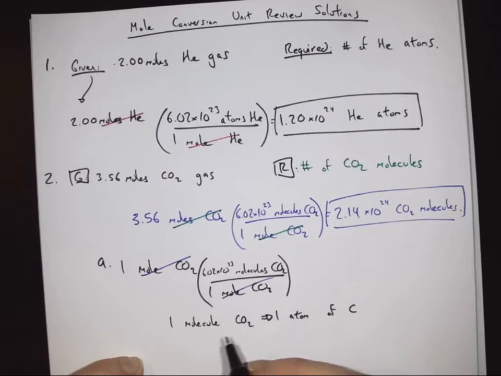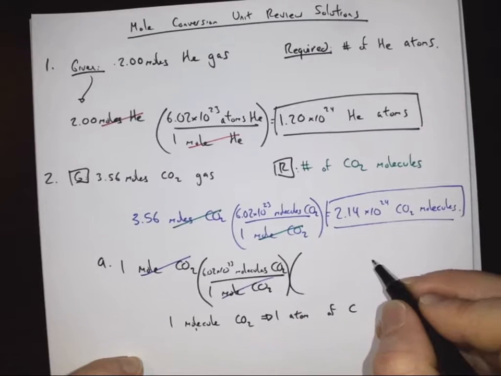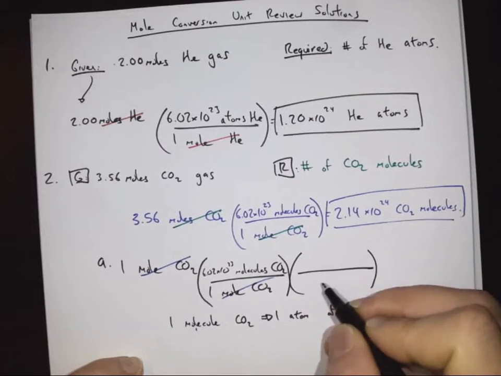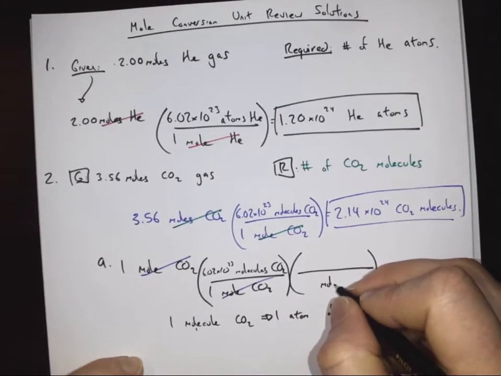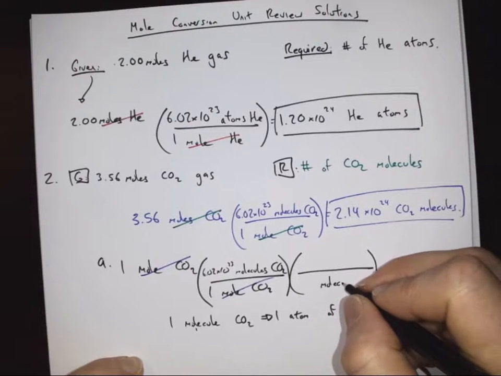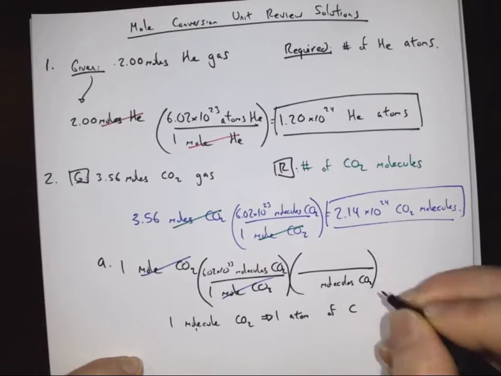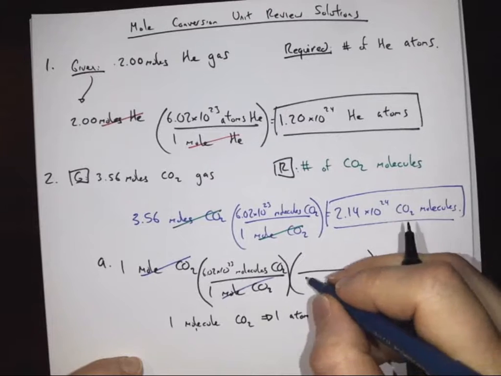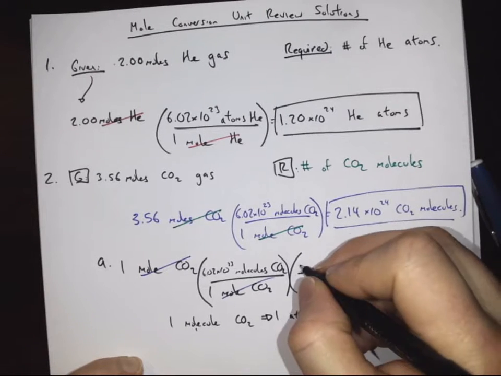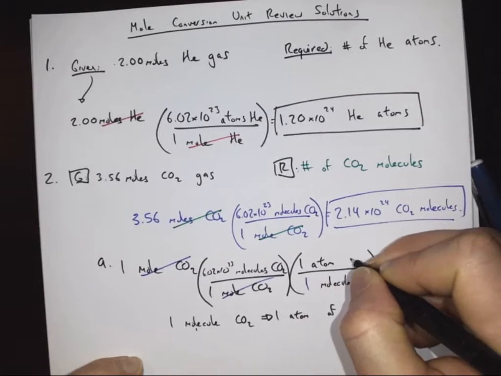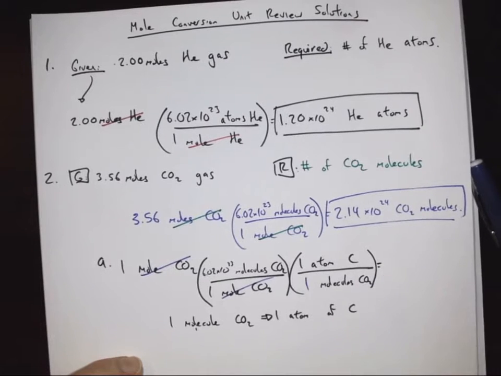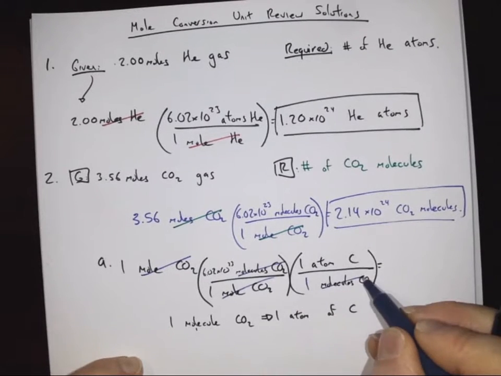So there's 1 atom of carbon in every 1 molecule. So I can make another conversion that cancels out units of molecules. I'll write the whole thing. CO2. And I know 1 molecule of CO2 has 1 atom of carbon. And then lastly, I just check to make sure molecules cancel out, and they do.